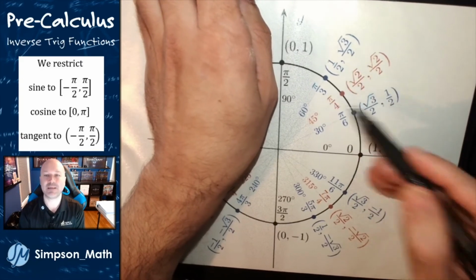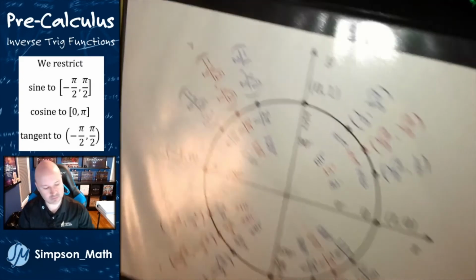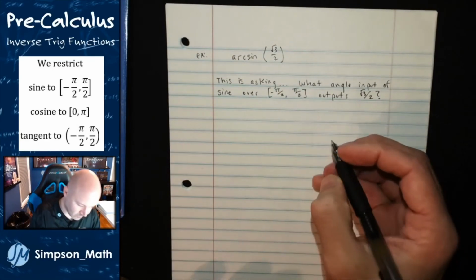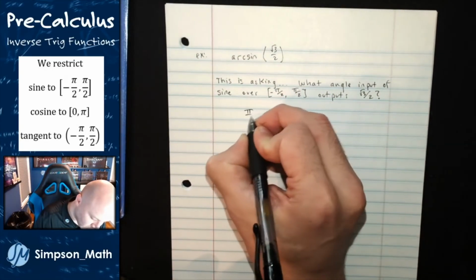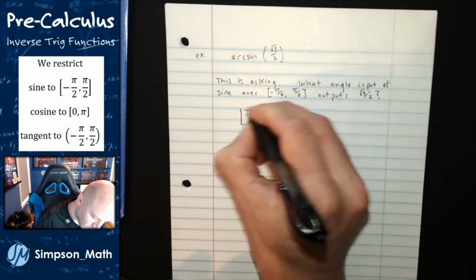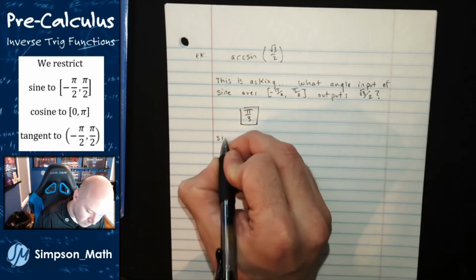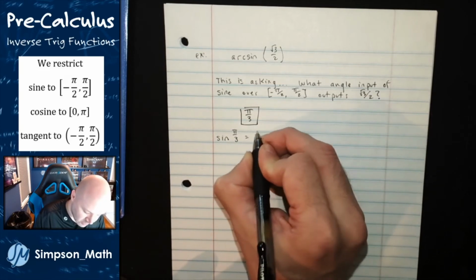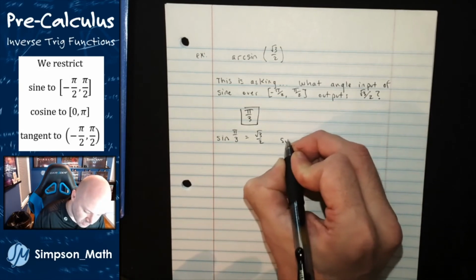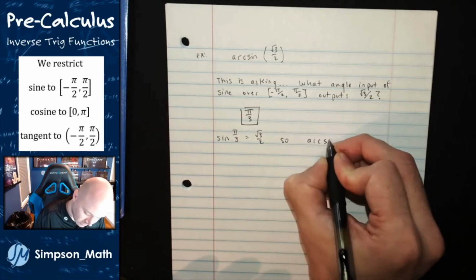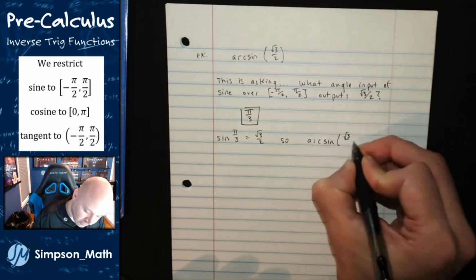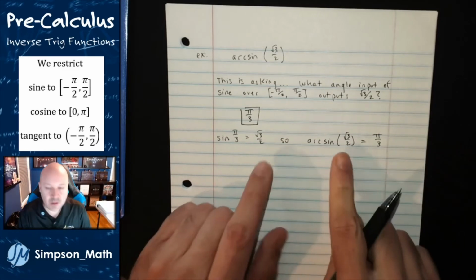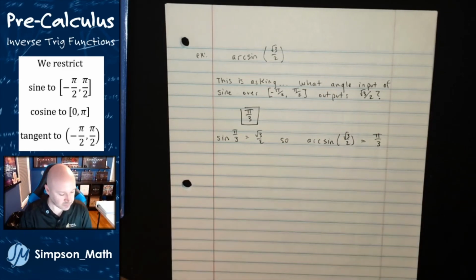Yes, it happens at pi/3. Sine of pi/3 equals root 3 over 2, so arcsine of root 3 over 2 should equal pi/3, assuming we're in that interval.